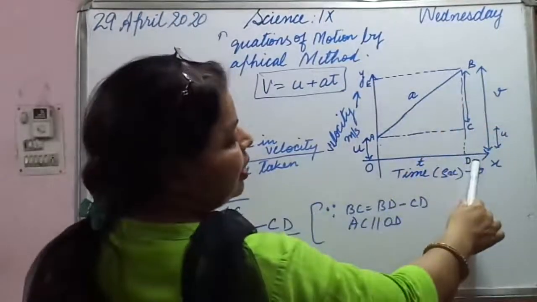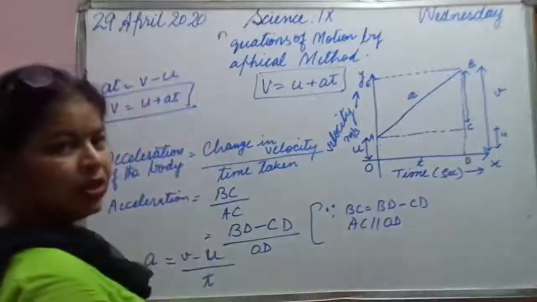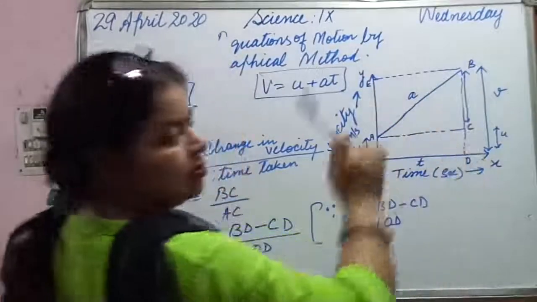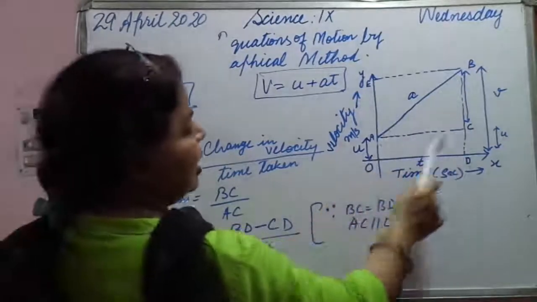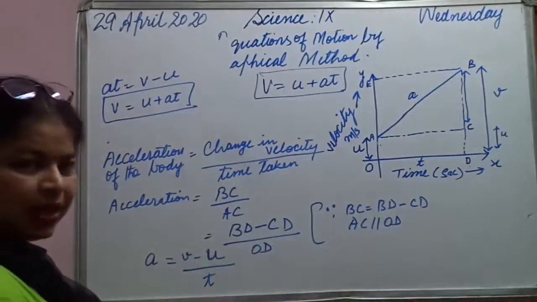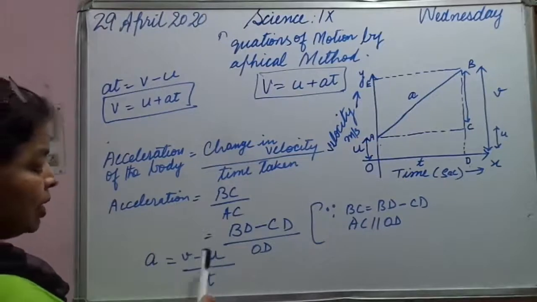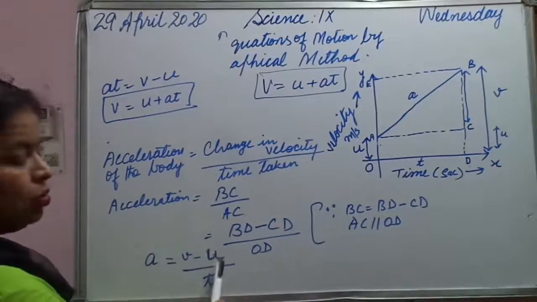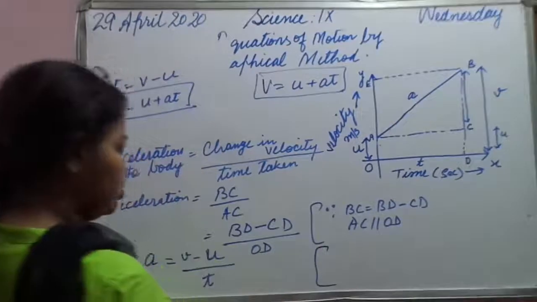Since BD is equal to final velocity and CD is equal to initial velocity, BC will be BD minus CD. I have written the same, BD minus CD. Because AC is parallel to OD, we can write OD, as opposite sides are equal and parallel. So we have the values now: A is equal to V minus U upon T.